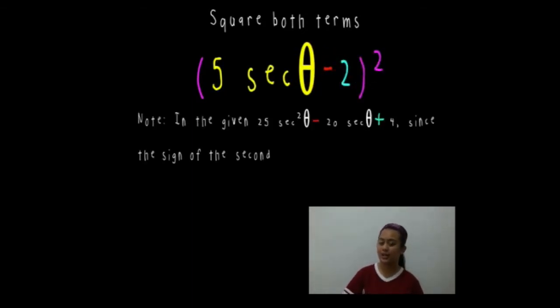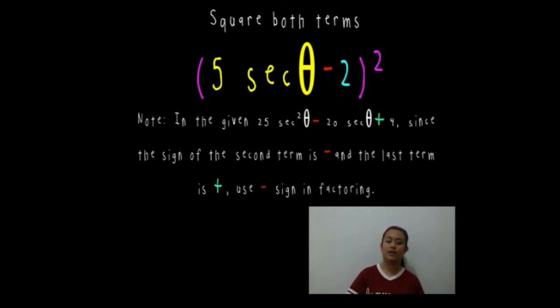Since we used a negative on the middle term of our given and a positive on the last term of our given, we shall use a negative this time. So our factored product now is 5 secant theta minus 2, in parentheses, squared.